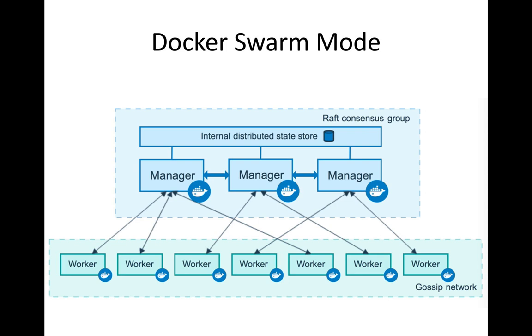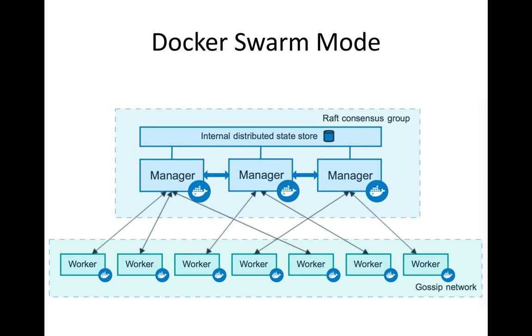And it stores those using the raft algorithm, so they're stored in the raft logs that are distributed across each of the servers. And if you recall how the raft algorithm works, you need to have a quorum of servers available. So you'd want to have at least three manager nodes in a typical Swarm cluster environment.